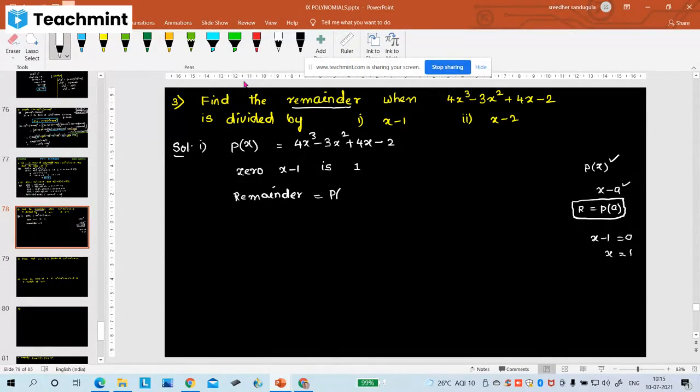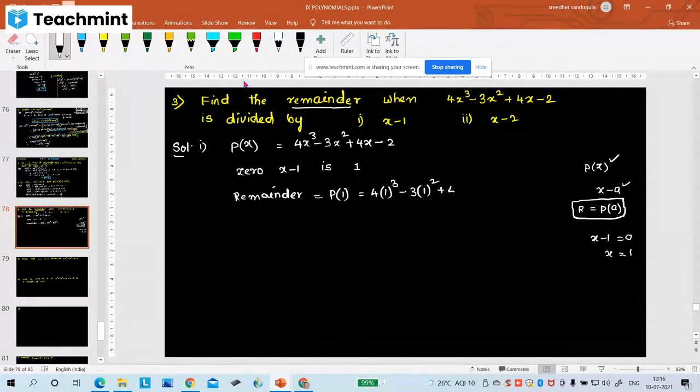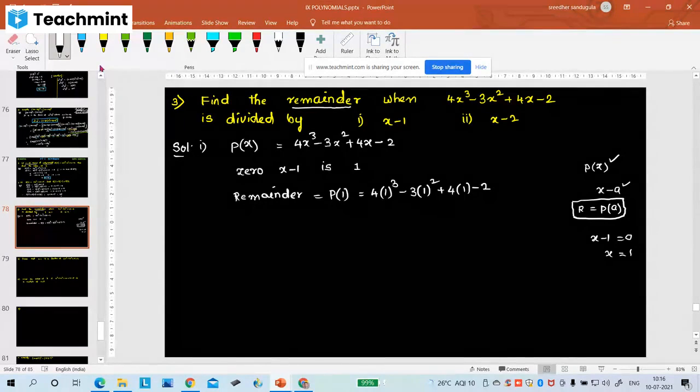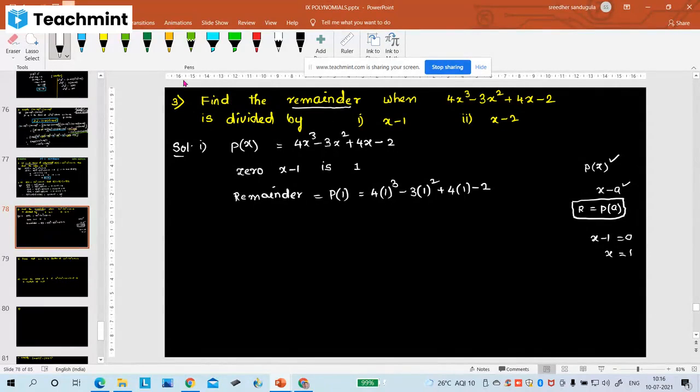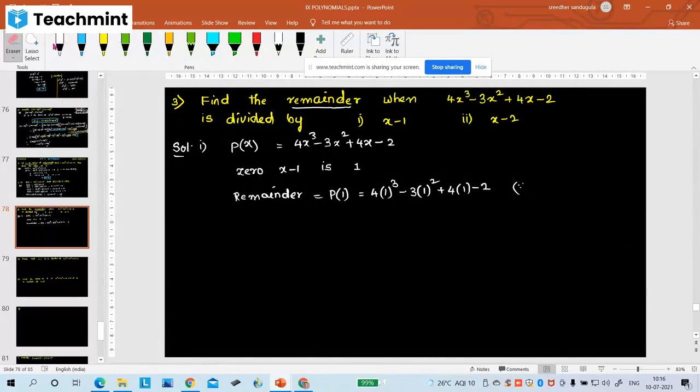A means here p of 1 equals, wherever x is there, the variable, there you have to substitute 1. 4 into 1 cube minus 3 into 1 square plus 4 into 1 minus 2. We have done this because of the concept, remainder theorem. Let me mention in the bracket that this is due to the remainder theorem.